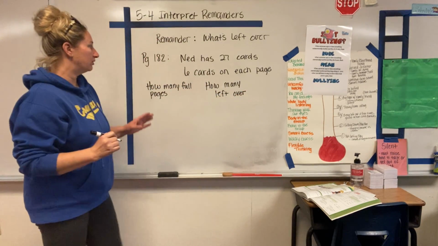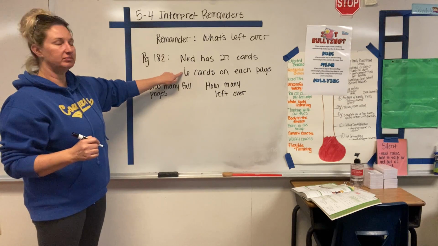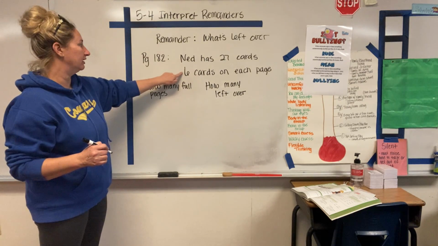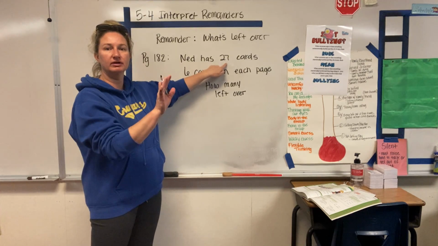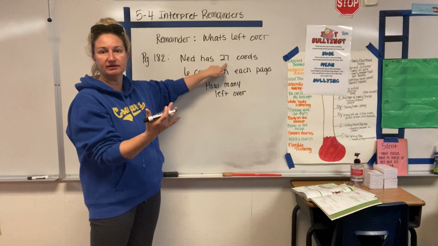Okay, so what we're going to do is count by multiples of 6 until we get close to 27, but we can't go over because we don't have more than 27.